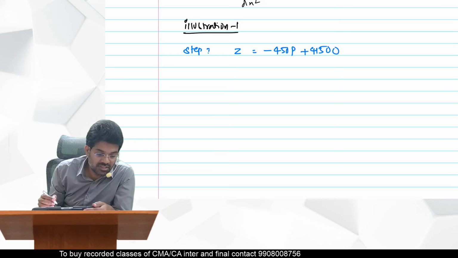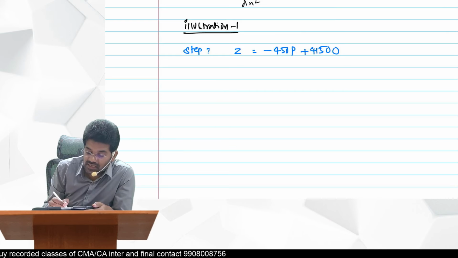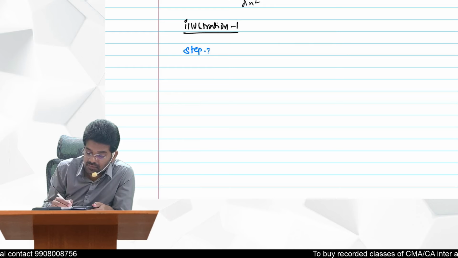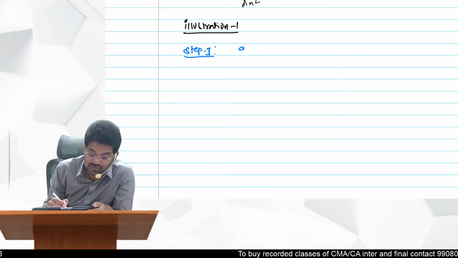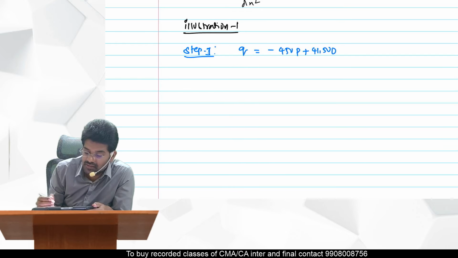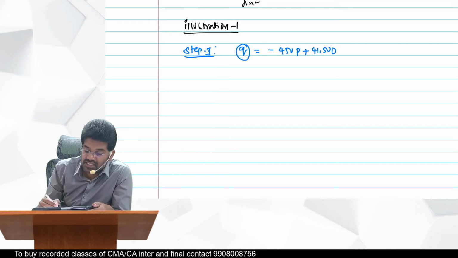So this is the equation they have given. Now is this equation total revenue? First of all, no, it is not revenue. Step number 1: quantity is given. Q is equal to minus 450p plus 41,500. This is only quantity.